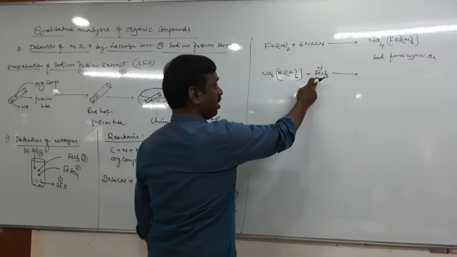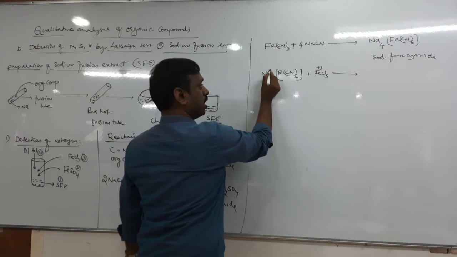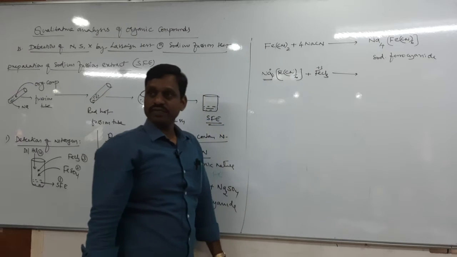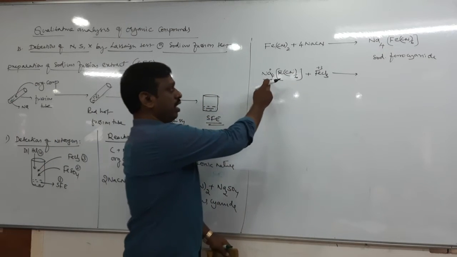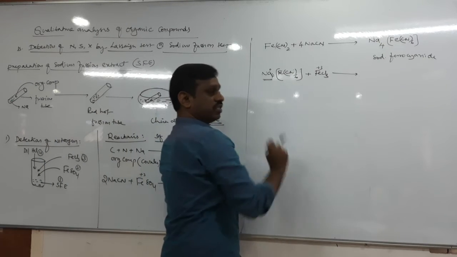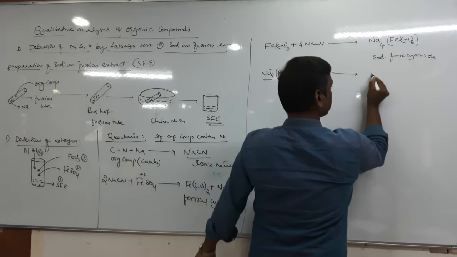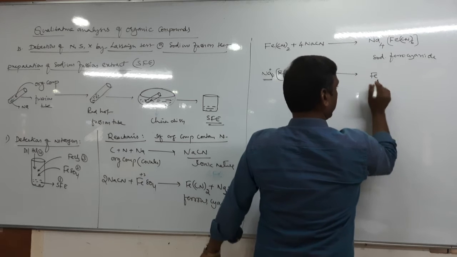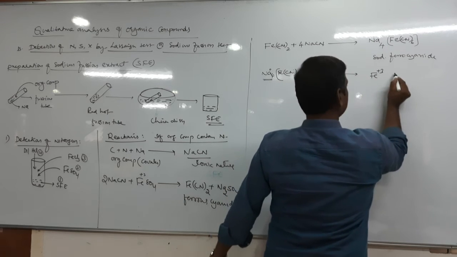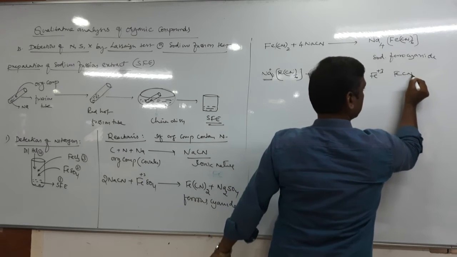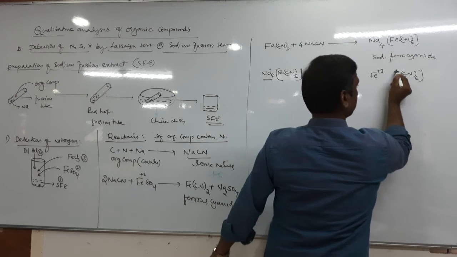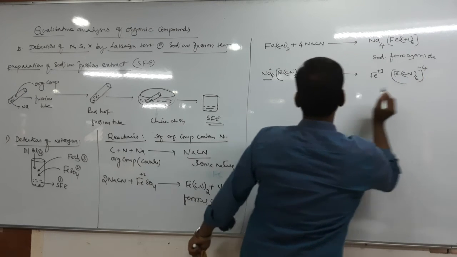This Fe3+ and sodium Na+ are interchanged, exchanged. That means Na+ is replaced by Fe3+. Then tell me what may be the product. Fe3+ and [Fe(CN)6]4-, no? This is -4, no?